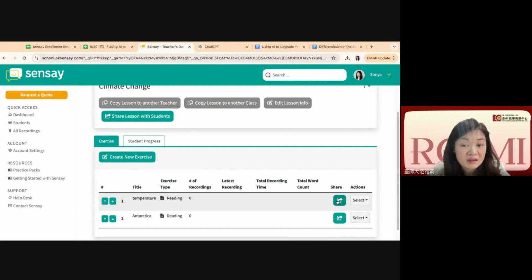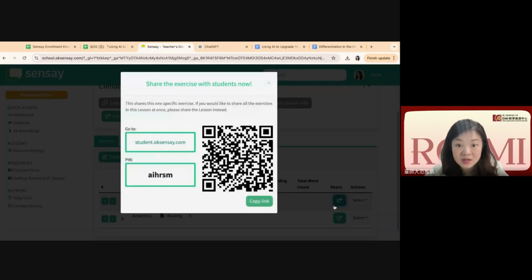If you fail to register, you can also use this PIN, but the PIN will not record your progress. If you fail to register today, or you feel like you don't want to, you can simply use this PIN, okay?